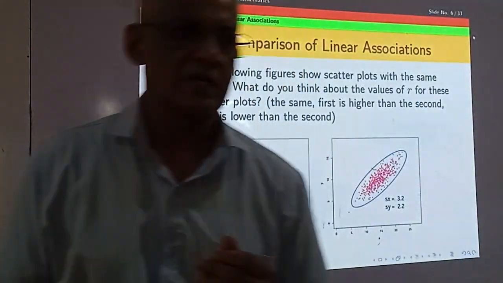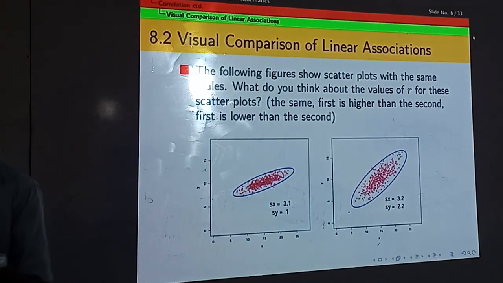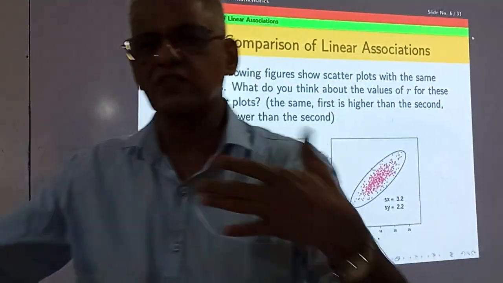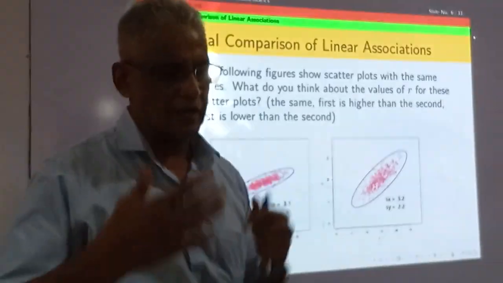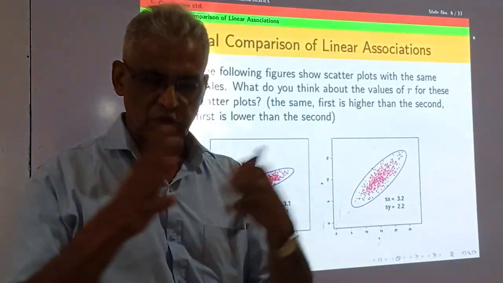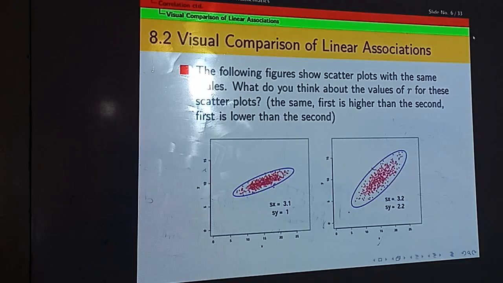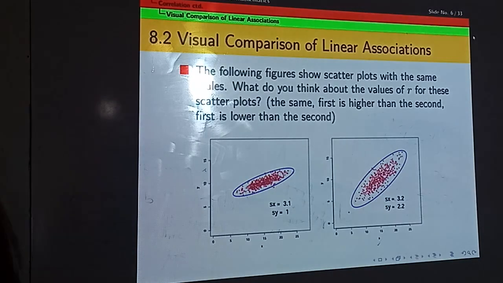That is possible to say, but it's not very easy to talk about the strength of the relationship, because the strength depends on the scale you choose. I mean, the actual strength doesn't depend on the scale, but the visual strength depends on the scale. So here, for example, I have two scatter diagrams.